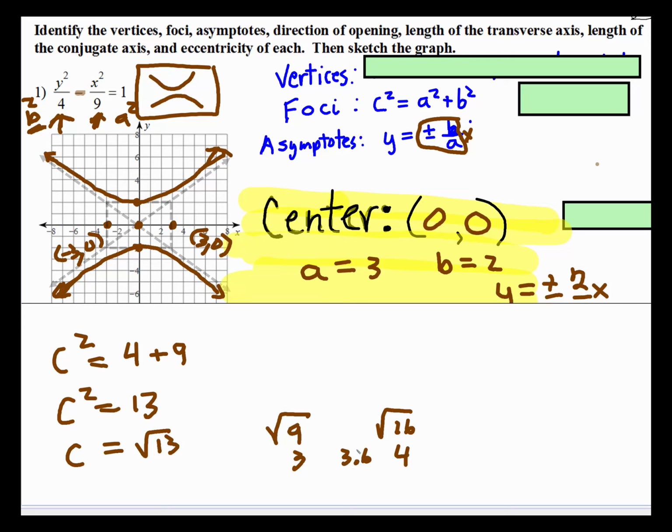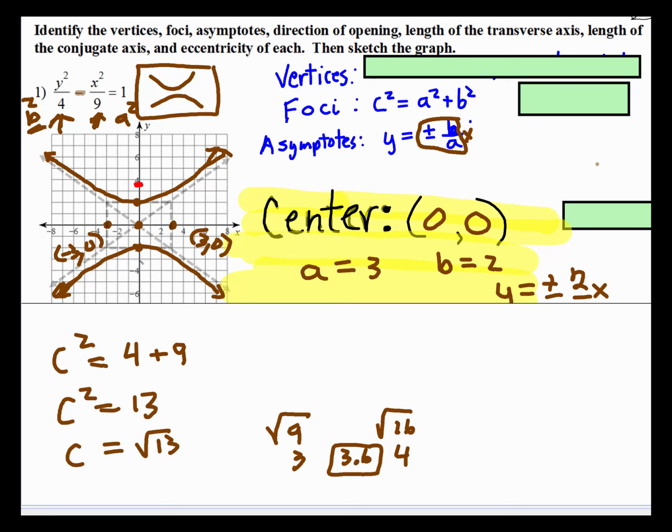Notice this hyperbola is opening up and down. So remember, we go the distance of the square root of 13, about 3.6. I didn't check it, but it's going to be somewhat close to that. So we go up 1, 2, 3, and a little bit more than 3.5, and put a point.